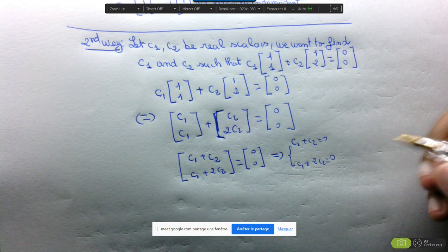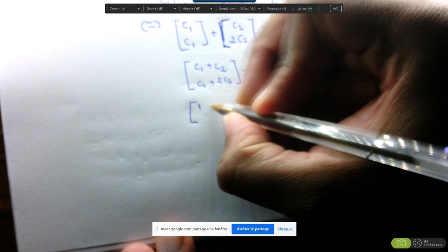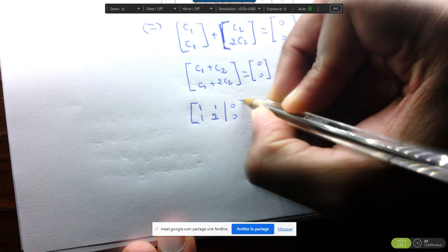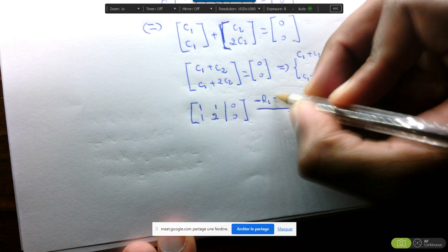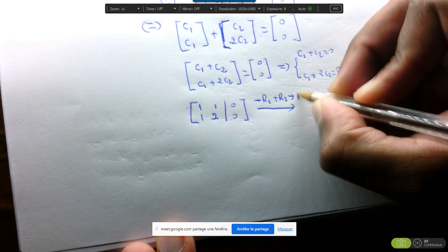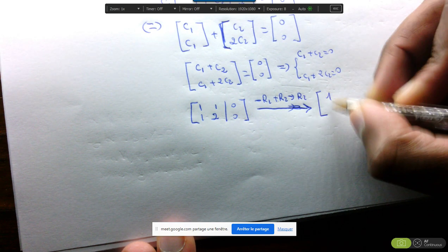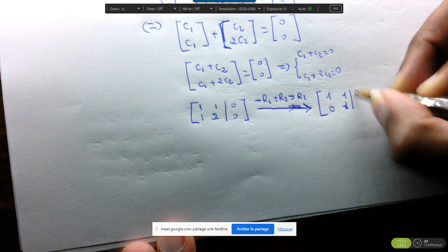We can put that into a system if you want to. So I have 1, 1, 1, 2, 0, 0. If I do negative row 1 plus row 2 to obtain a new row 2, I have 1, 0, 1, 1, 0, 0.